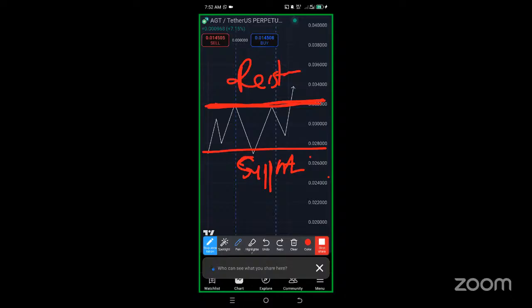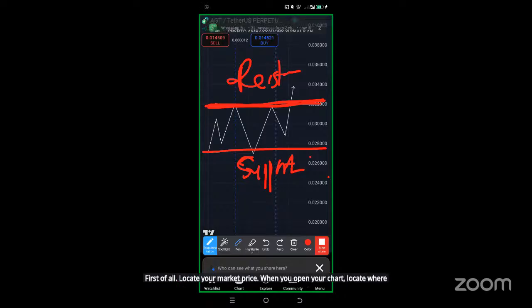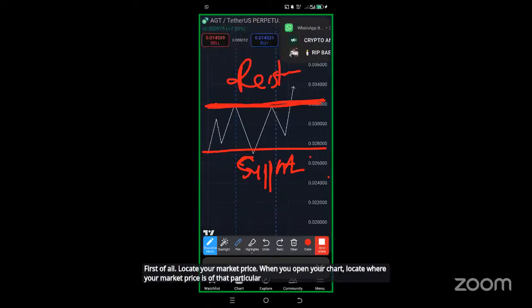Now, how do we draw this line? How do we perfectly draw this support and resistance on the chart? The simplest step to do is, one, first of all, locate your market price. When you open your chart, locate where the market price is of that particular asset.